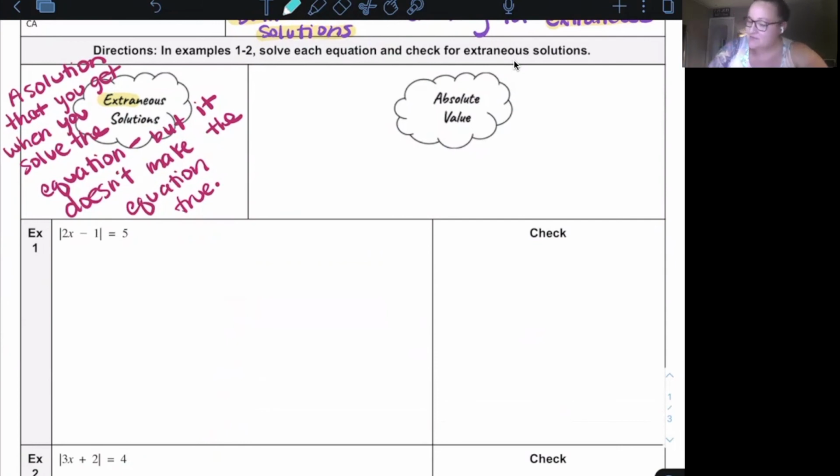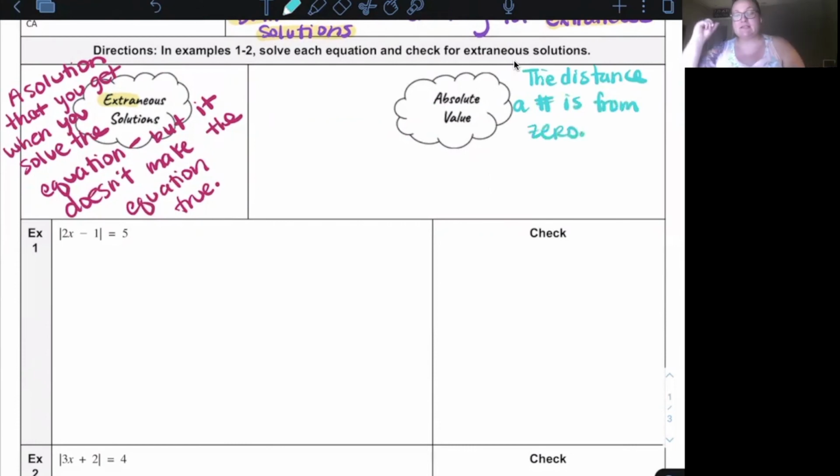If you recall, absolute value is the distance a number is from 0. For example, the absolute value of 5 would be 5 because it's 5 units from 0. The absolute value of -3.5 would be 3.5 because it's 3.5 units away from 0.